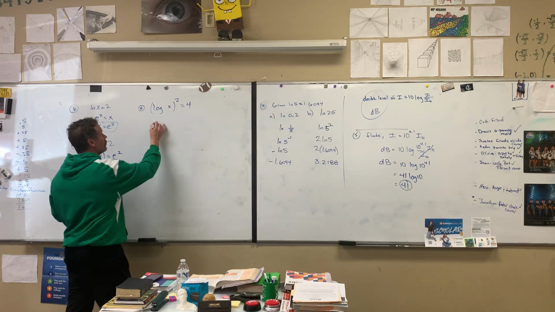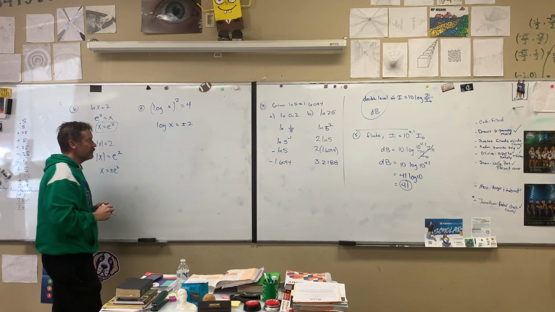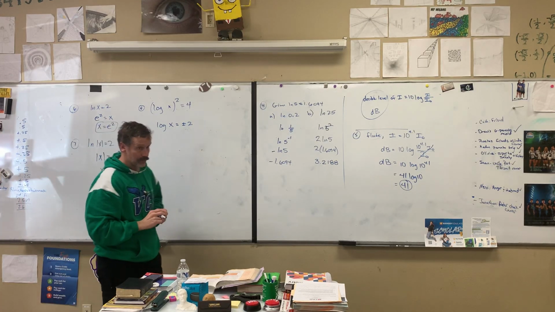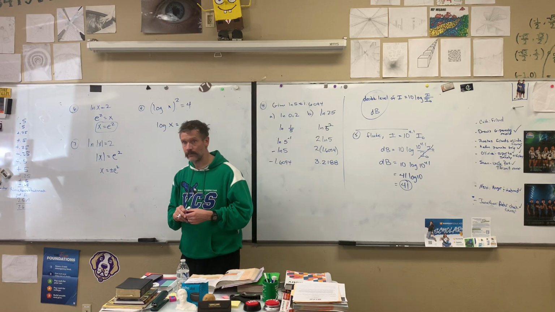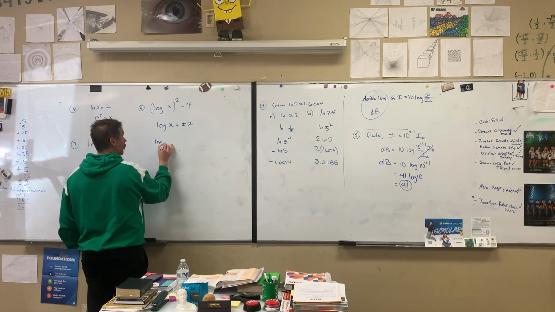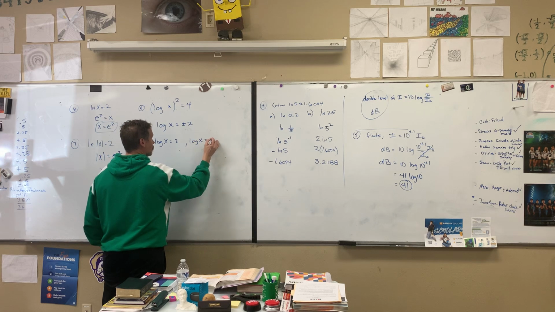There you go. So log of x is equal to plus or minus 2. Now let's think about this. Can it be a negative 2? Yes. So let's set up two different things and think about what we'd be getting. Log of x is equal to 2, log of x is equal to negative 2.